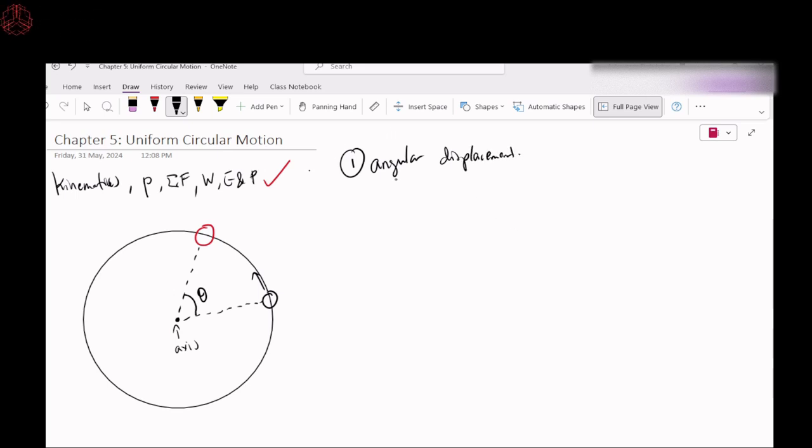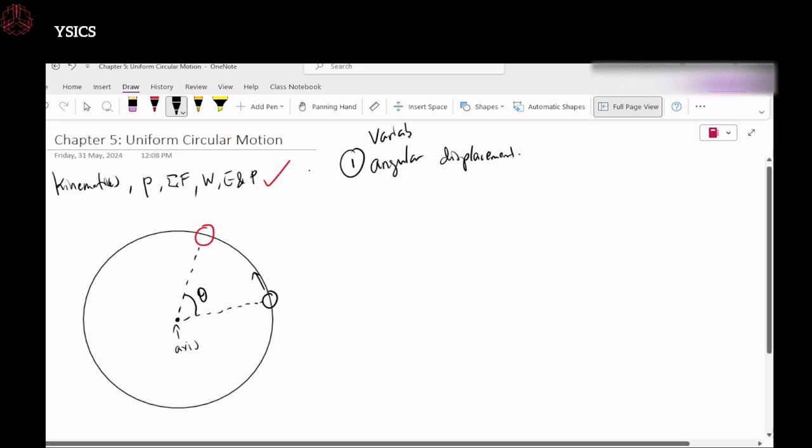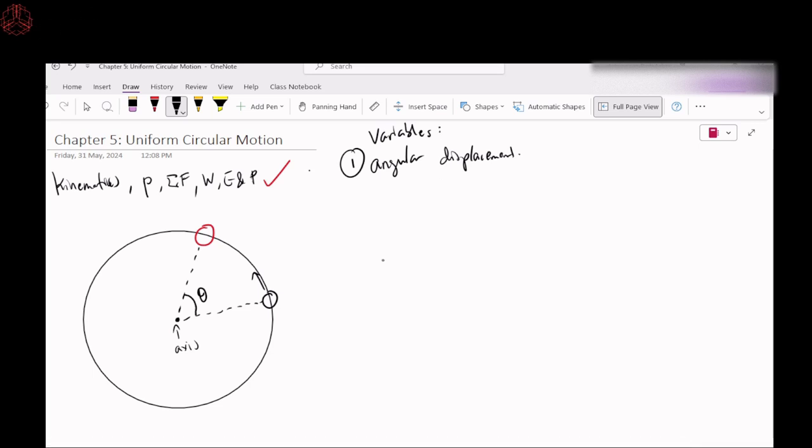We want to define a few variables before we actually apply mathematical or physical laws based on this motion. The first that we want to define is this angular displacement.